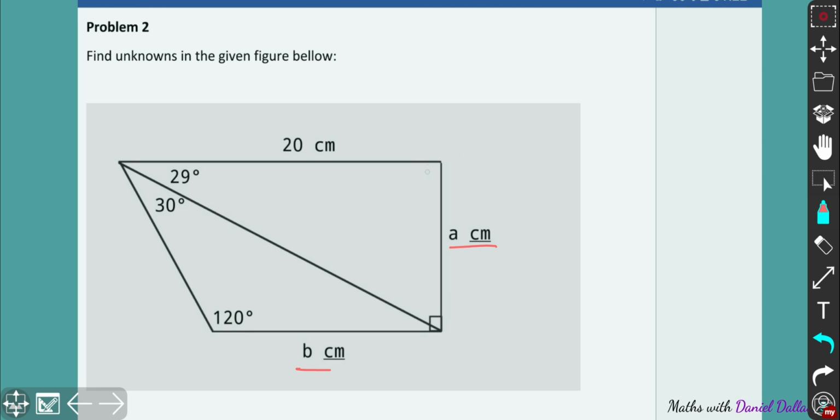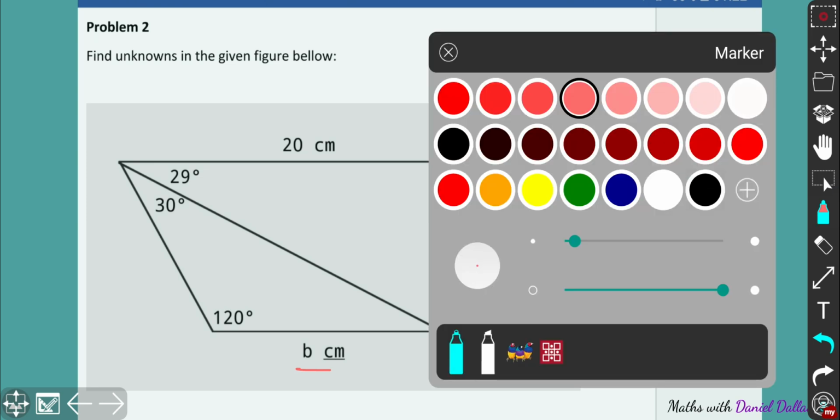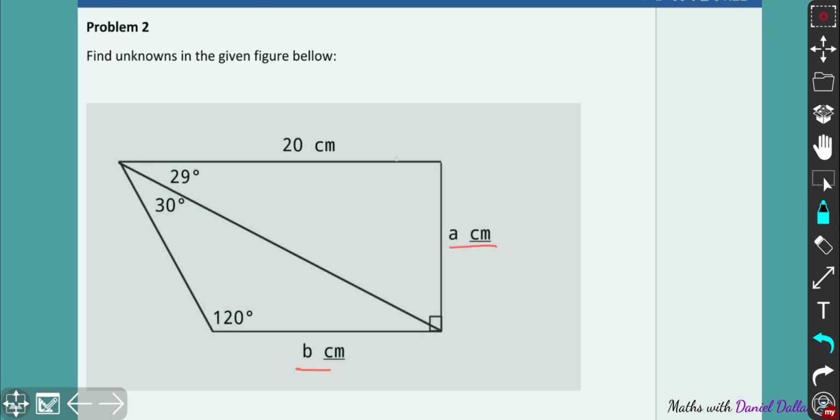However, we are not sure about that angle. For many, it might seem that this is 90 degrees, a right angle. However, it's not, because the shape might be drawn not to scale. So let's first define the angle in the corner.